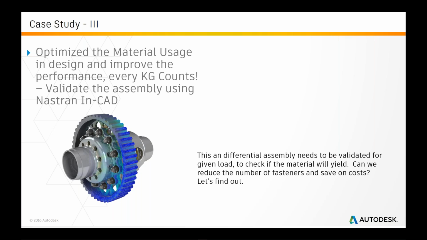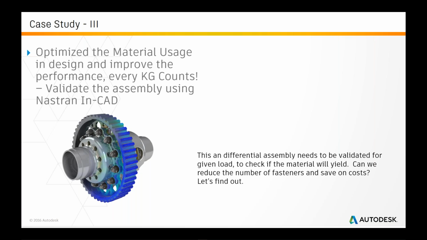But when you talk about the kg, I'm talking about when it is supplied in thousands, and that's where we save it in the kg. So this is actually a differential assembly that needs to be validated for the given load, to check if the material will yield and whether we can reduce the number of fasteners and save on the cost.